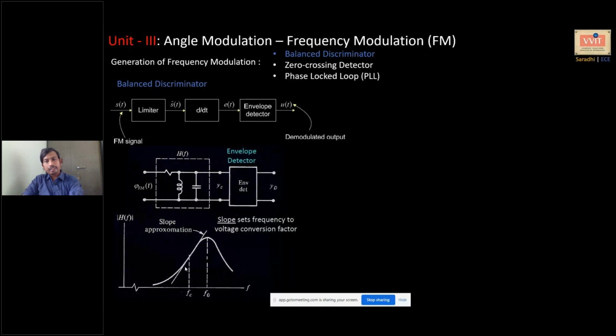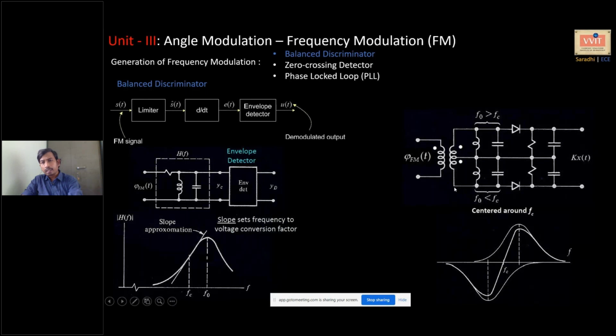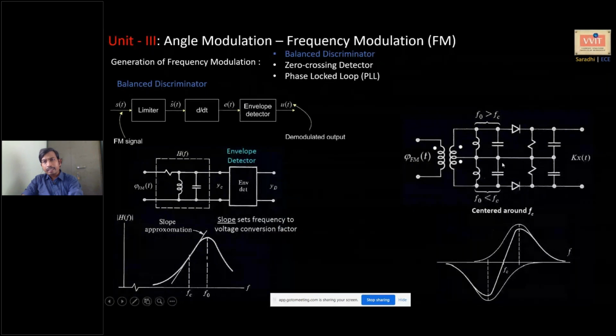And for that reason we are having this one. This is also a balanced discriminator only. What is happening is, this upper portion will be active when f naught, that is the instantaneous frequency, is greater than Fc, and the lower portion is active when the instantaneous frequency is less than the carrier frequency, centered around Fc, right? Now the characteristic curve will be like this.